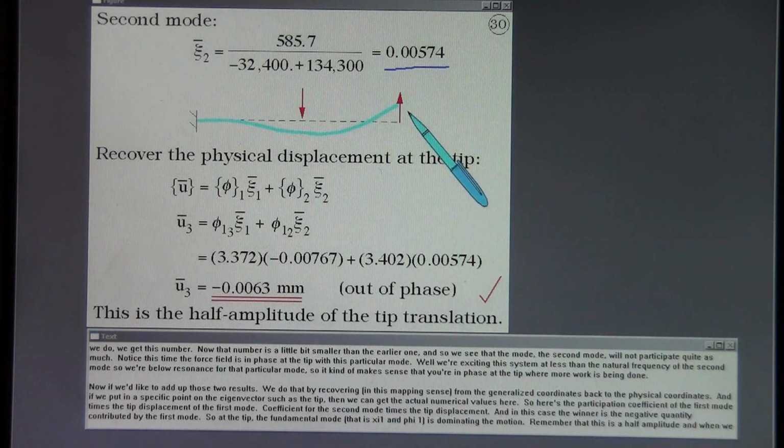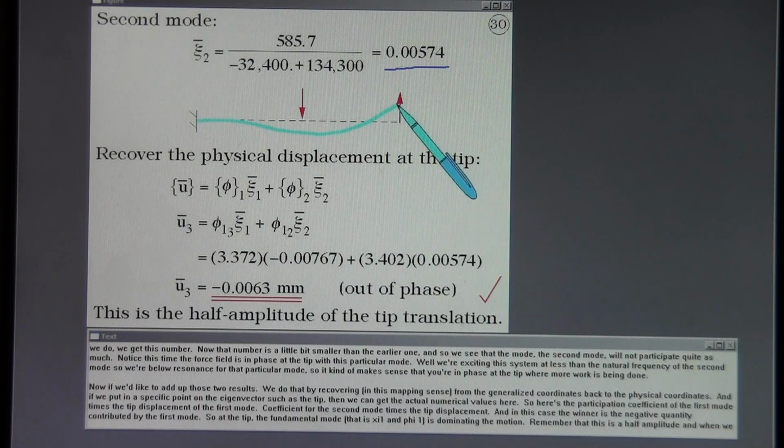Notice this time the force field is in phase at the tip with this particular mode. Well, we're exciting the system at less than the natural frequency of the second mode, so we're below resonance for that particular mode.